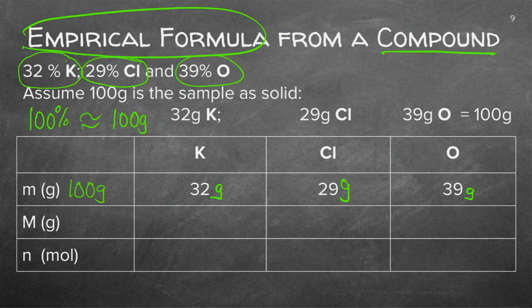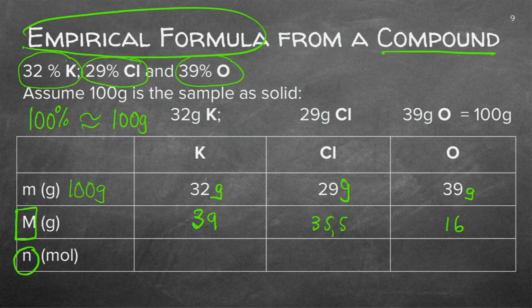Do you remember what to do now? Remember, we want to get the moles. So I'll go and find the molecular mass on the periodic table. The potassium will be 39. The chlorine will be 35.5. And oxygen will be 60.